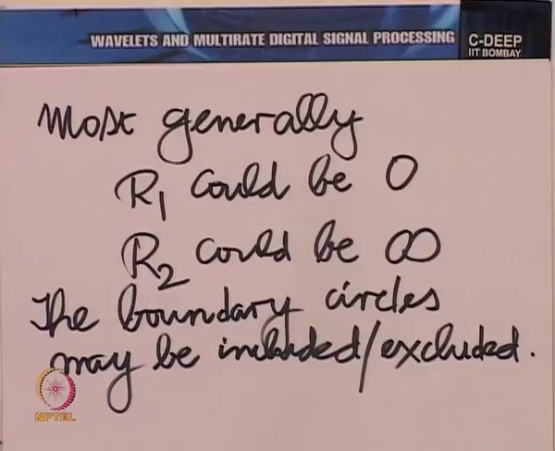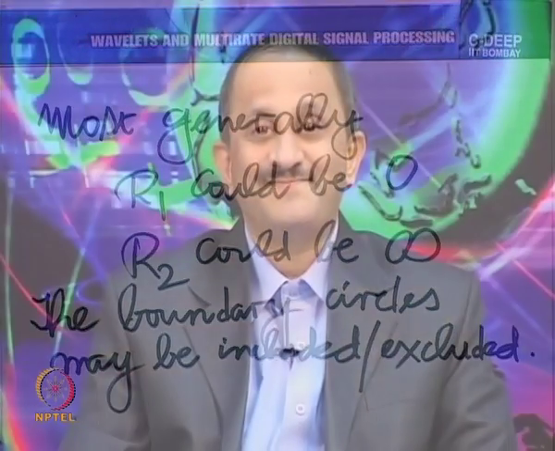In fact, if these values R 1 and R 2 are non-zero and finite, most of the time the boundaries are excluded. It is only when R 2 becomes infinity or when R 1 becomes 0 that there is a question. Is the boundary included or excluded? And that is not a trivial issue. Whether the boundary is included or excluded makes a difference to the properties of the system. Well, all this essentially to recall a few points about the Z transform, and now coming to the frequency domain.